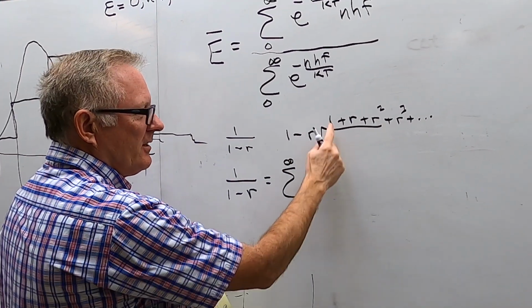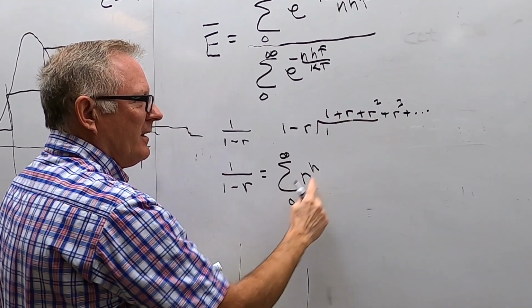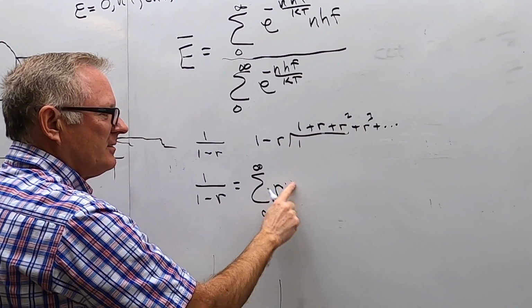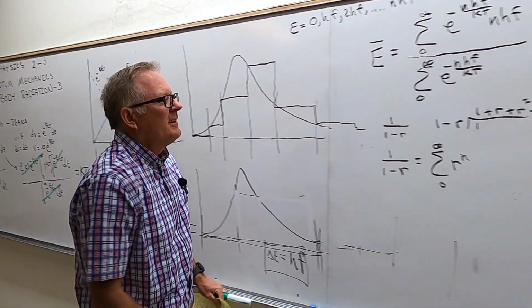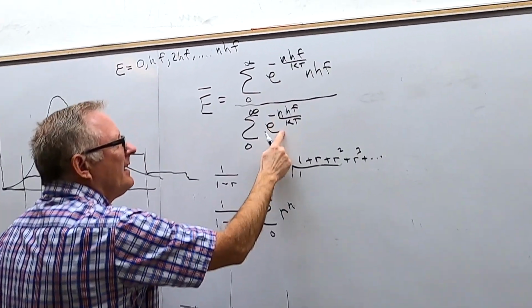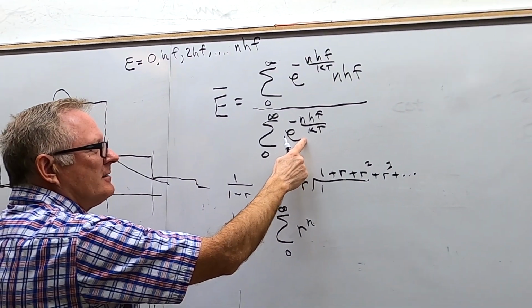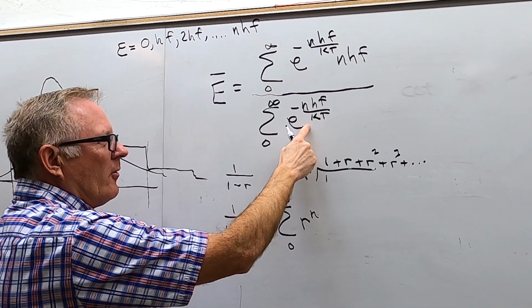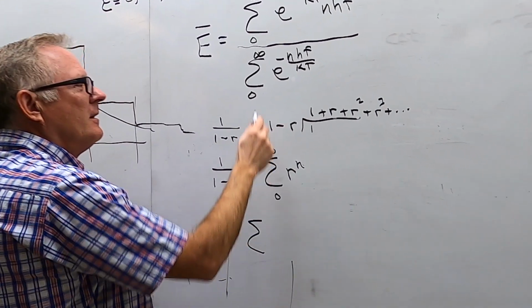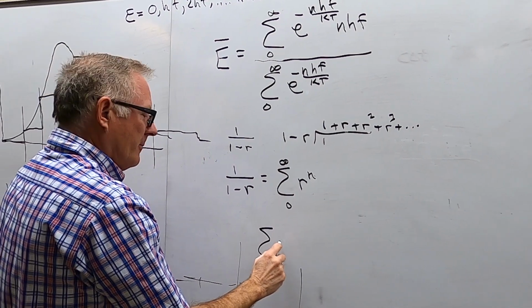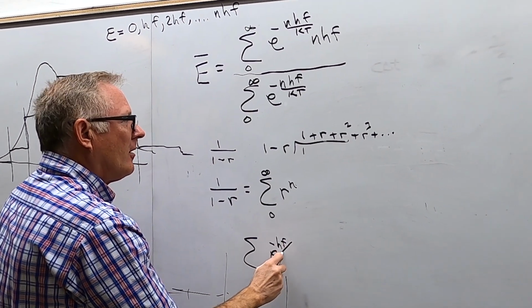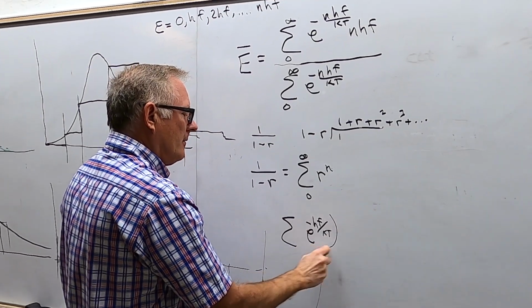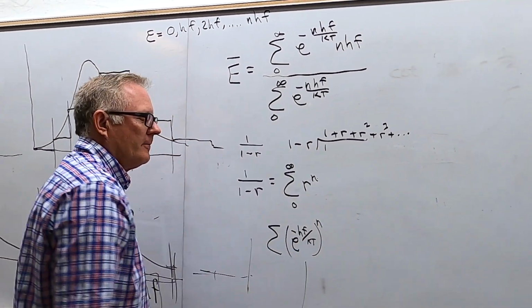When n is 0, you get that. When n is 1, you get that. When n is 2, you get that, and so on. So it's just r to the nth power. You noticed right here, I have something that's r to the nth power. I have a sum of, let me write it like this, e to the minus hf all over kT to the nth.